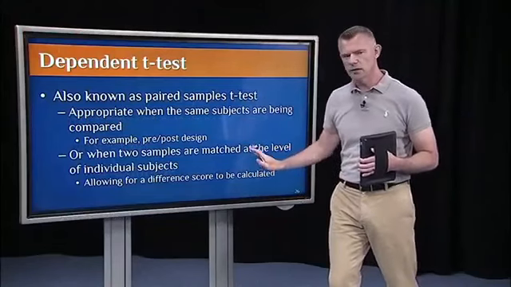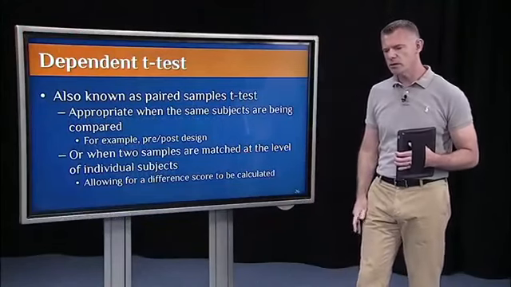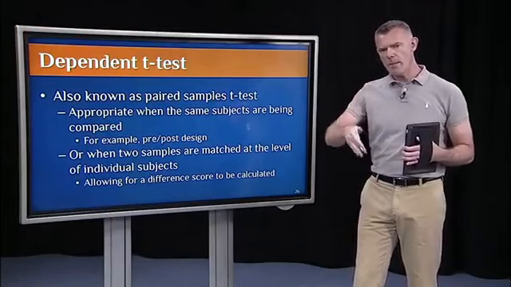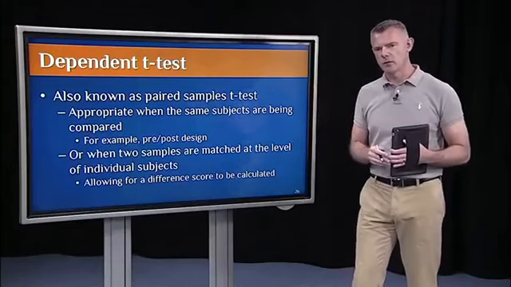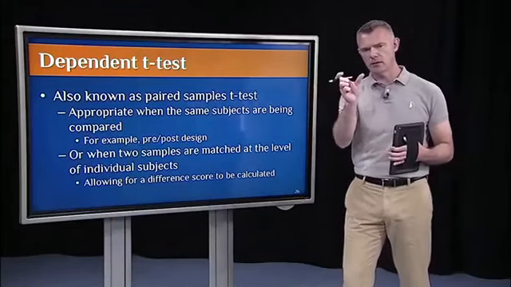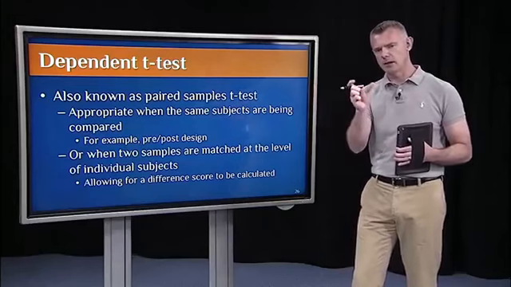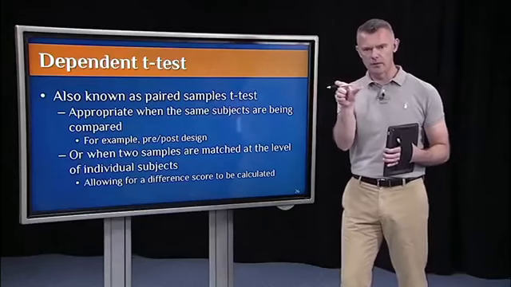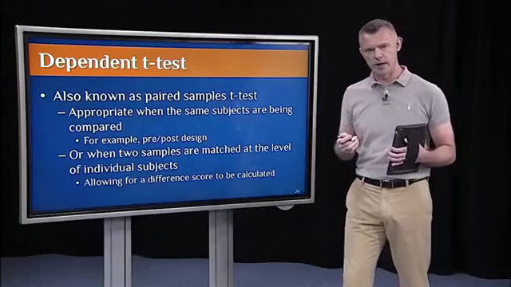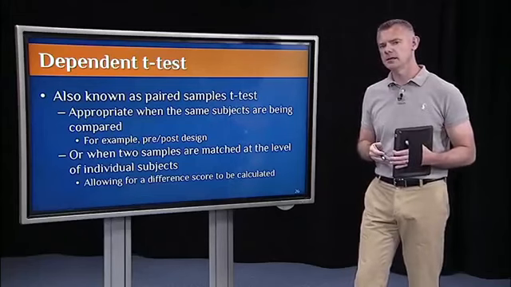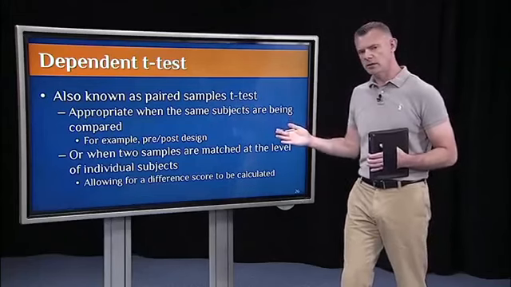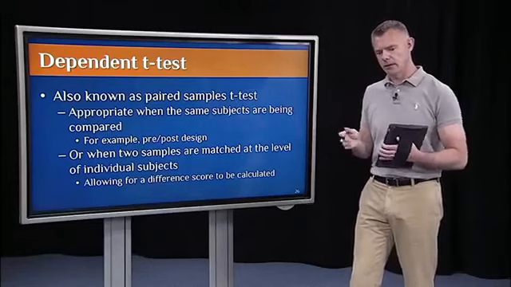You could also use it, it's not as common, if you have very well matched samples. So if you have samples that are matched at the level of individual, then you can calculate difference scores at the level of individual, in which case you can do a dependent t-test. Again, the idea is that one measure is dependent on the other. They're related.